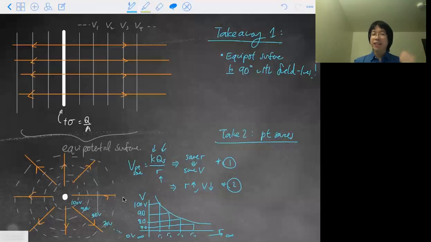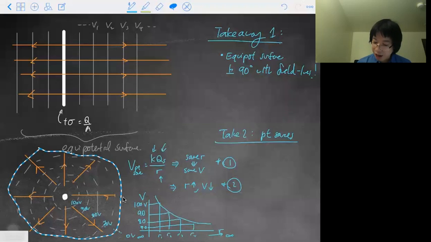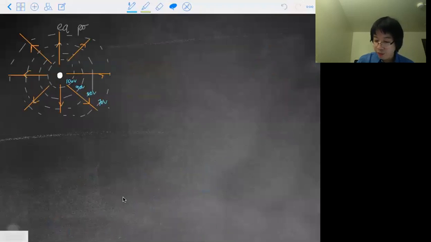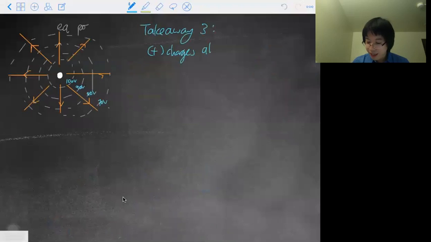Now we have a new takeaway: in the potential picture, even if I don't tell you anything about the field lines, and I just tell you the potential, you will be able to tell how a positive charge moves. The takeaway is it always moves from high potential to low potential. So positive charges always move from high V, high potential, to low potential.